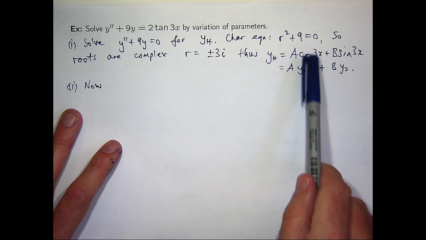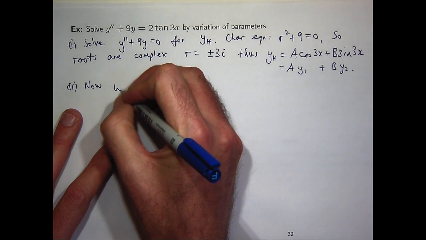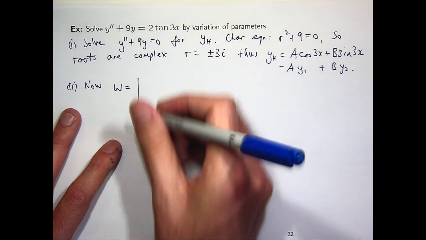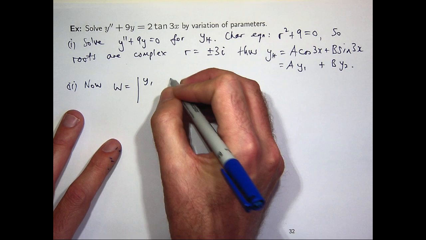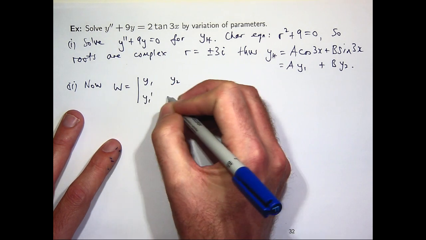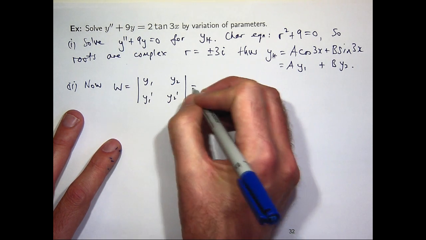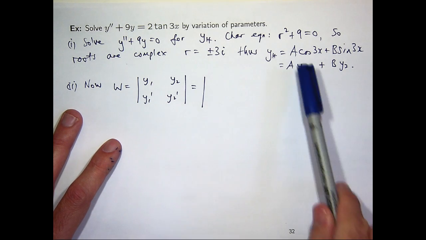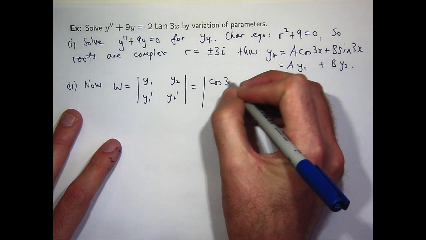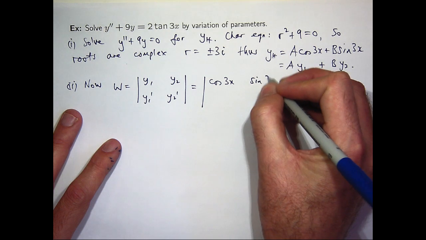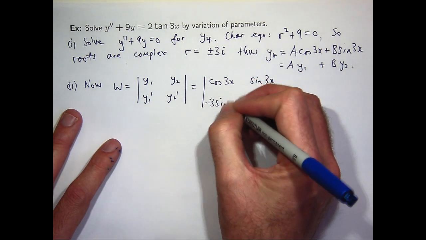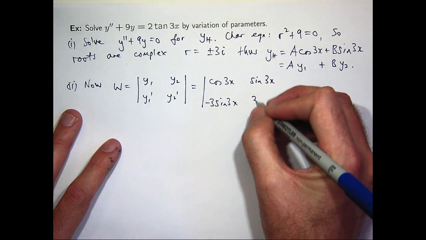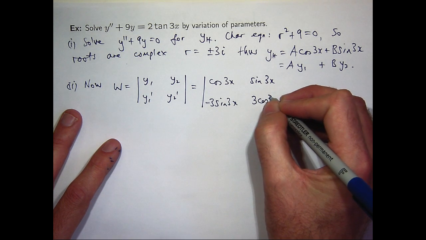Let's compute the Wronskian of these two functions. So it's going to be something like y1, y2, y1 prime, y2 prime. So if I do a little bit of differentiation, I'm going to get something like minus 3 sine 3x and 3 cosine x, 3 cosine 3x.